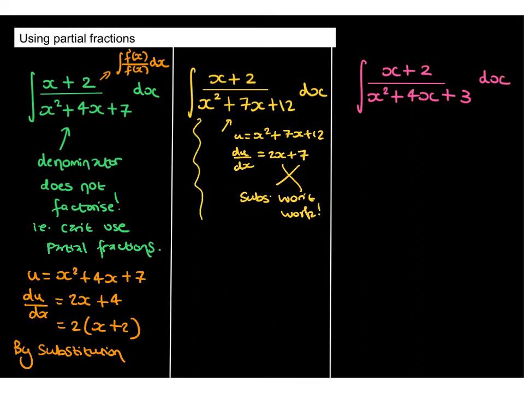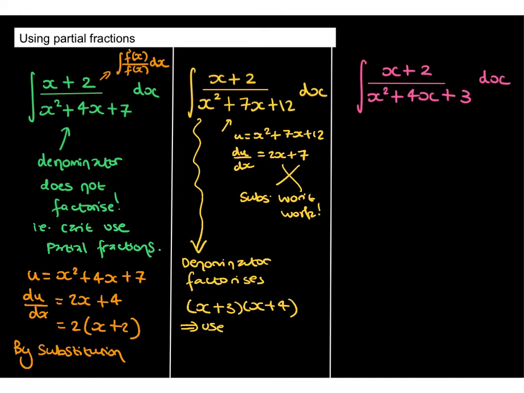But what we can see is that the denominator factorises to x plus 3, x plus 4, which implies that we can use partial fractions and then just integrate by inspection or by substitution once you have your simple reciprocal functions.